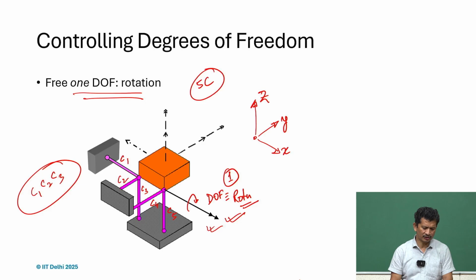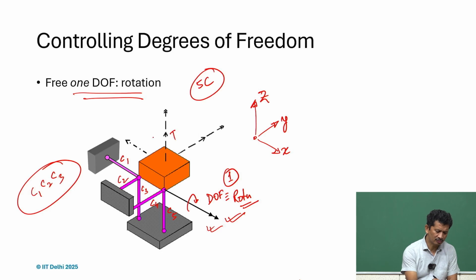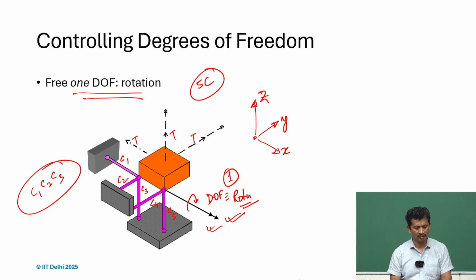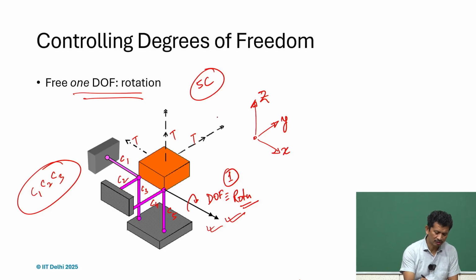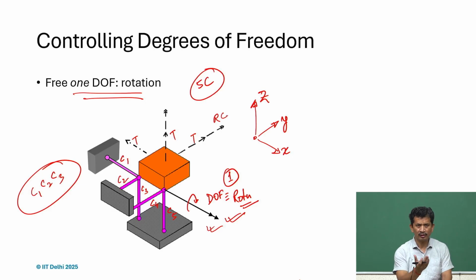What about the rotation? So, we talk about this translation and this translation is constrained. Now, talking about this rotational constraint, call it RC. So, we want to have that rotation constraint.